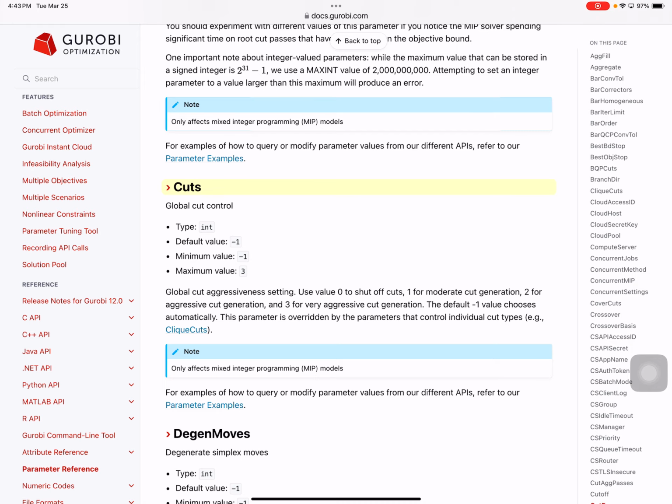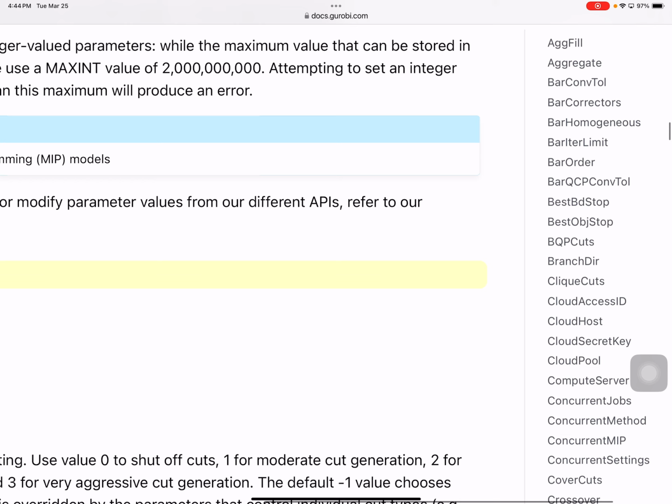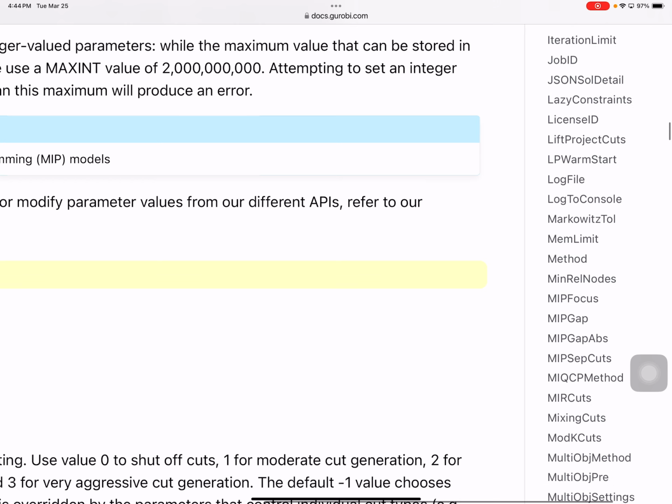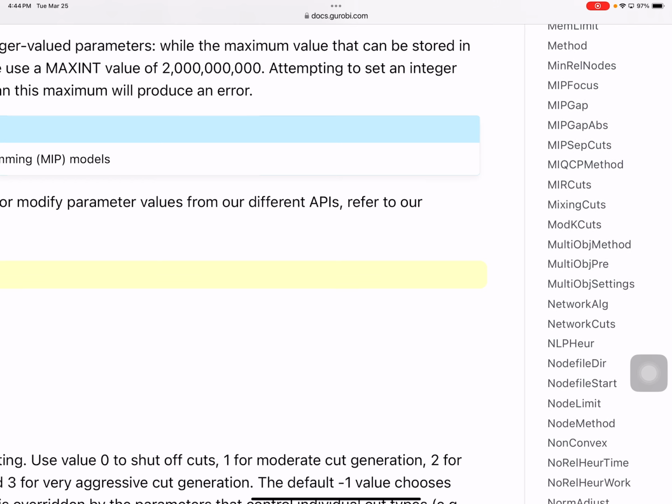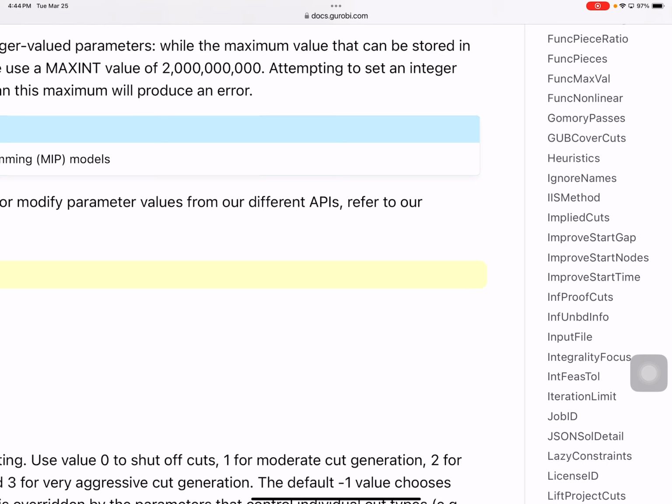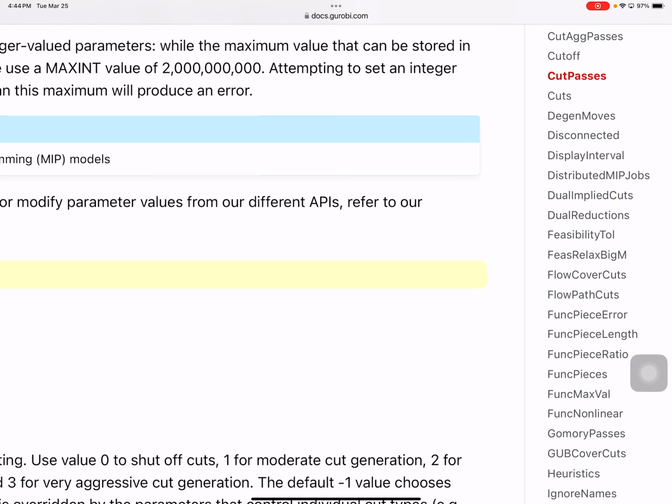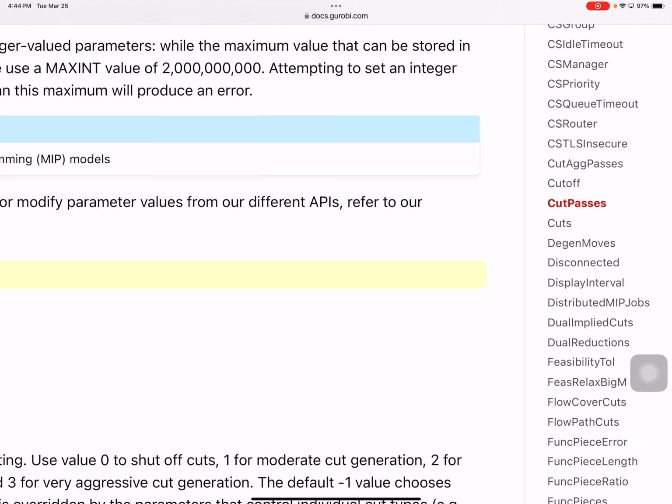On the right-hand side of this page, you can find a whole list of parameters you can change in Gurobi. As I said, there are hundreds of parameters you can change. You may want to take a look at this, as some of these might be interesting.